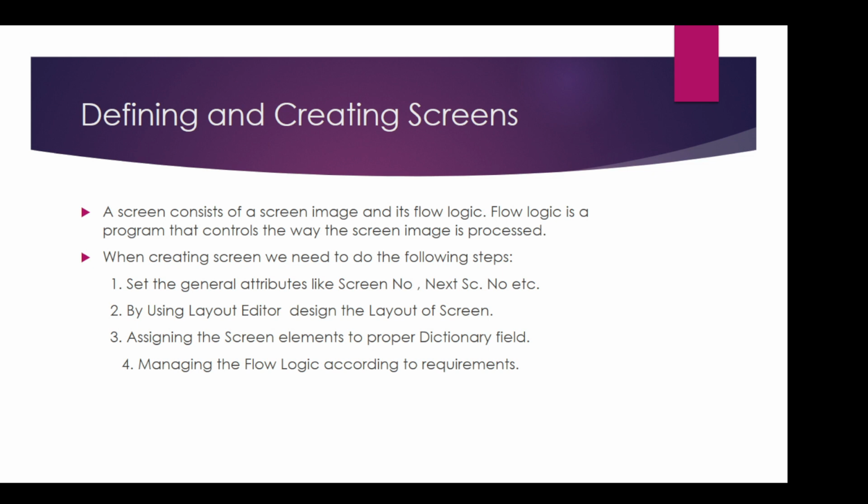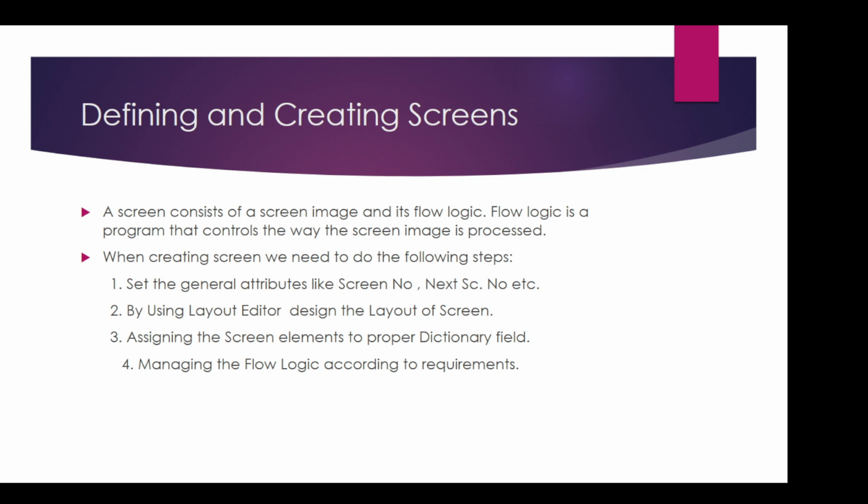And after that, we have discussed the points which should be considered while creating or developing the screen for SAP customization. And we have discussed how to set the general attributes like screen number and so on.